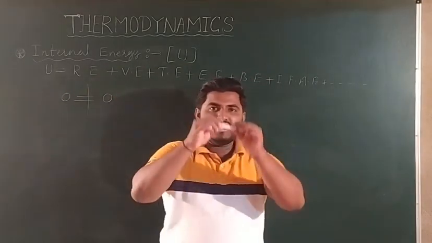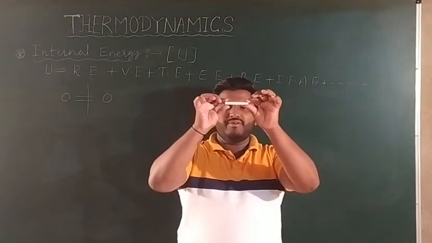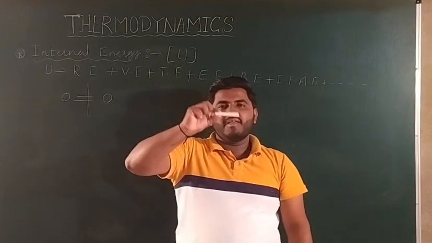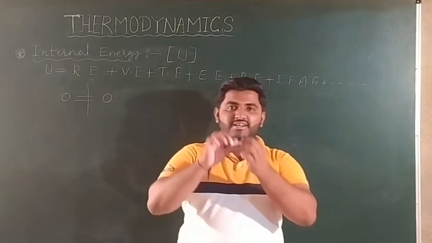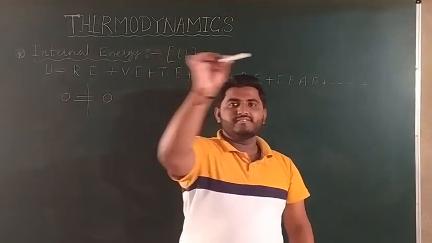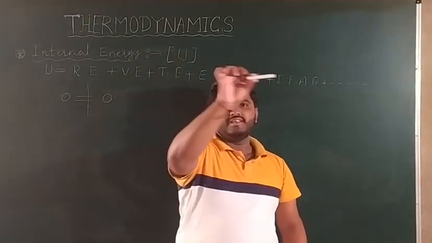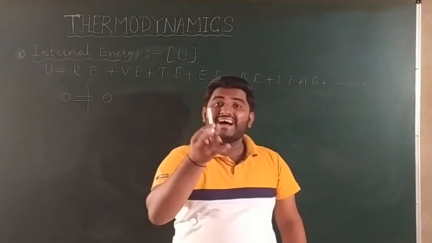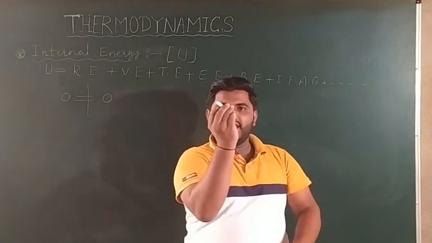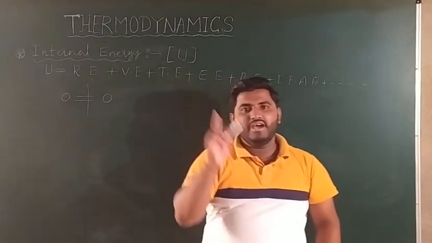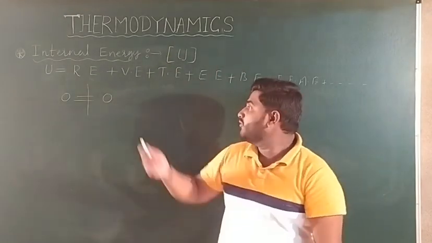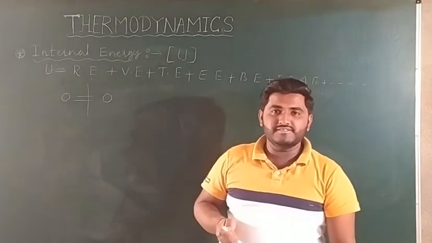What is vibrational energy? If you have an O2 molecule, it can vibrate like this. That is called vibrational energy. What is translational energy? This molecule can move like this. So this is called translational energy. Rotation, vibration, translation. Are you getting it? Due to the motion, we are getting these three types of energies.